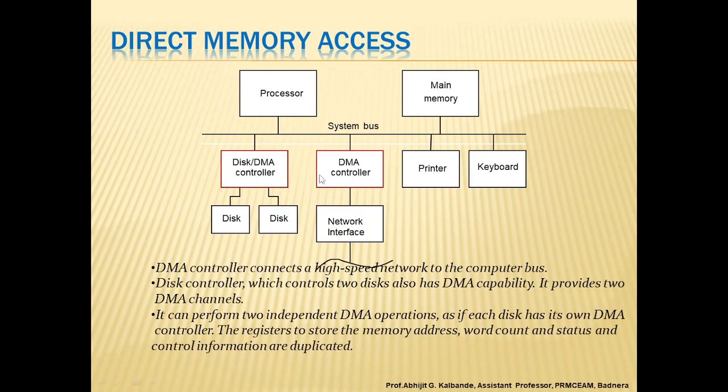As I already showed you, there are two DMA controllers there. The DMA controller allows direct data transfer between the device and the main memory without involving the processor. This means it performs the function that would normally be performed by the processor when accessing the main memory.